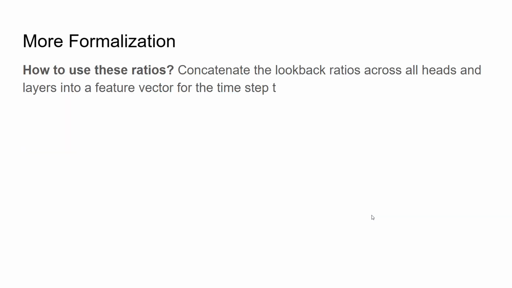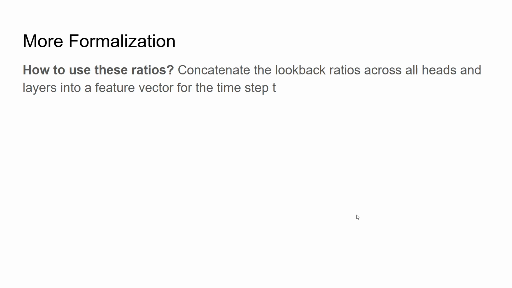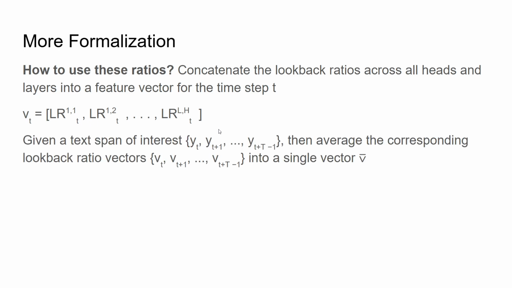Some more formalization. Now, how do you use these ratios? Because you have one such entry for every layer, head, and timestamp, right? So let's first aggregate them for a particular timestamp, and then you get this vector V_t, which is basically all different layer-head combinations at a particular time t. Now you can also do this for multiple generations, because you'll have one for y_{t+1}, and all the way up till some capital T, so t plus T minus one is the final token for them.